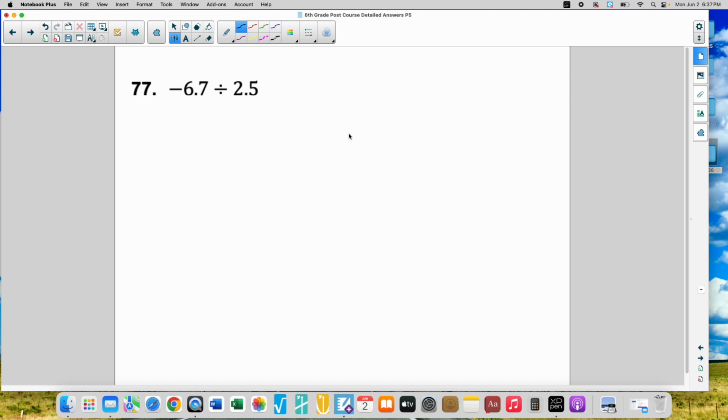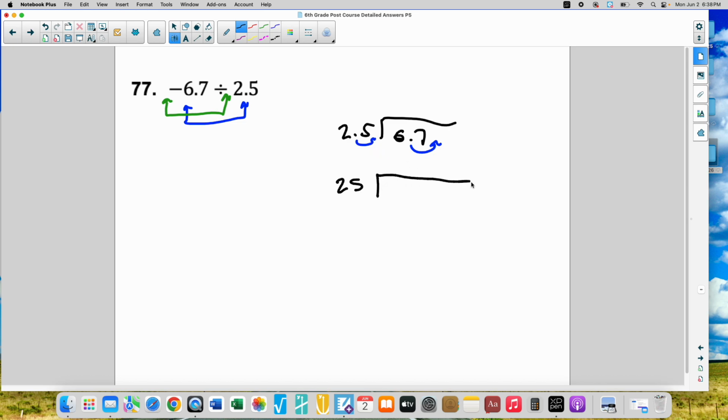Oh, division. Okay. Don't worry about the signs. We're going to do the numbers first, and then we will do the signs. So don't worry about the negative here. We have 2.5 going into 6.7. So we're going to move that decimal point. The number outside has to be a whole number. And so we move that decimal point one place to the right. We need to move the other decimal point 1 place. And it's there now, so we'll put that there. 25 goes into 67 2 times.